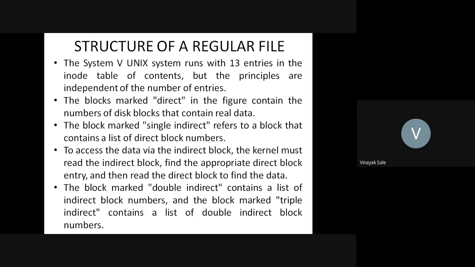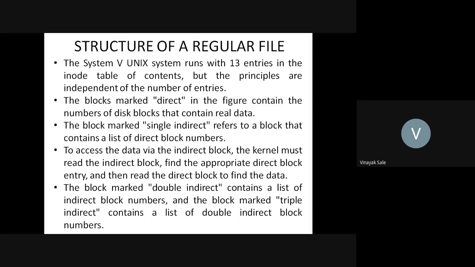Blocks marked as direct in the figure contain the numbers of disk blocks that hold the real data, and the block marked single indirect refers to a block that contains a list of direct block numbers.